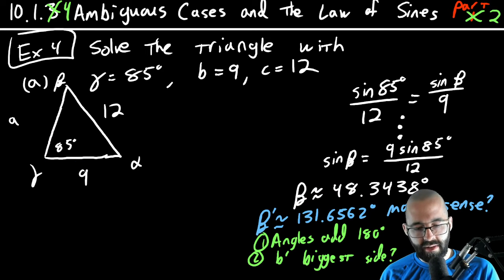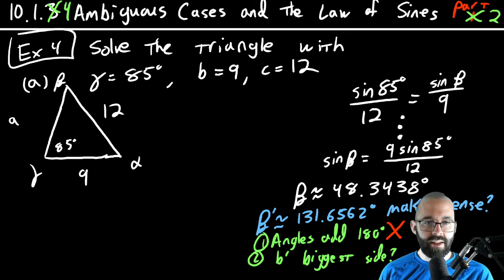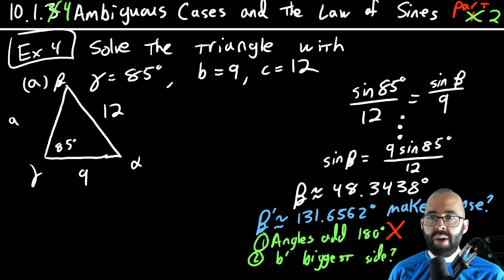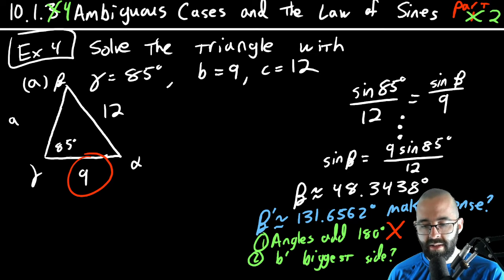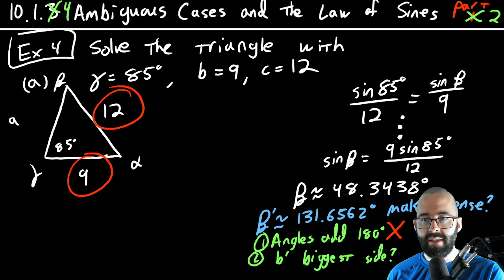Oh, and is beta prime opposite the biggest side? Check the number 2 thing. For this to be the case, it has to be opposite the biggest side. Is it? I don't think so. b is 9.